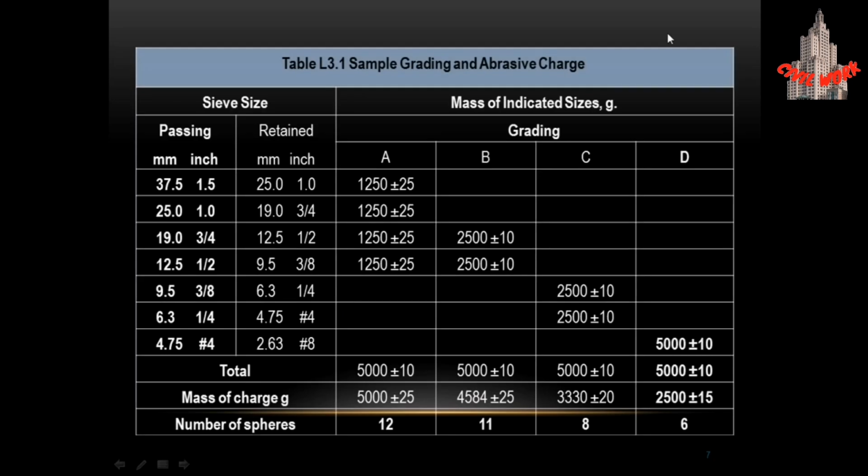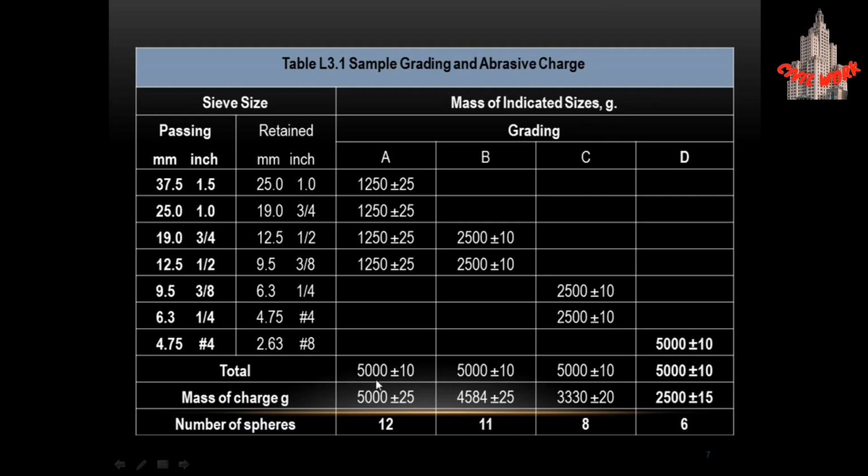Here we have the chart which shows the sample grading and abrasive charge. Here we have the sieve size passing 37.5 millimeter. Here is the scale of inch, here is millimeter, and these are the grades A, B, C, D. These are the sample amounts, which are generally in grams.